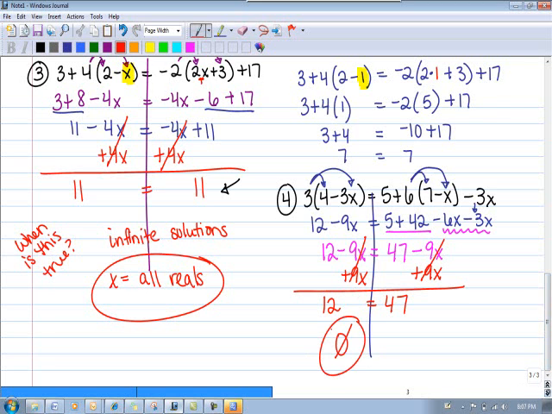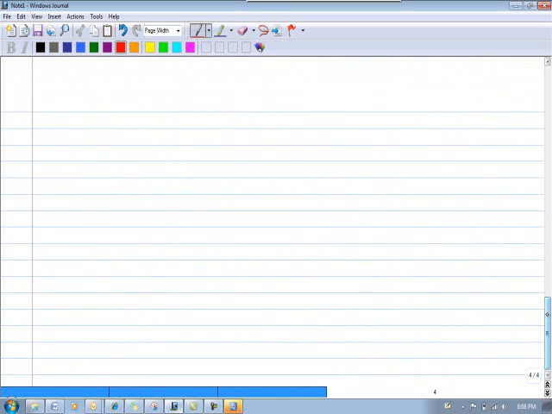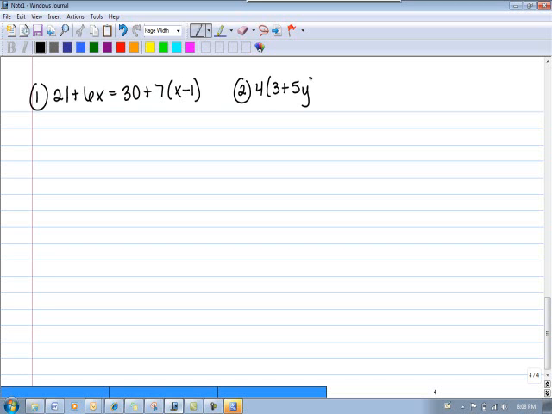So I'm going to give you guys 4 problems to check out and do on your own. And I'm going to actually give you the answers to them so you can check and see if you're right. Okay, so problem number 1 is 21 plus 6x equals 30 plus 7 times x minus 1. Problem number 2 is 4 times 3 plus 5y minus 4 equals 3 plus 2 times y minus 2.